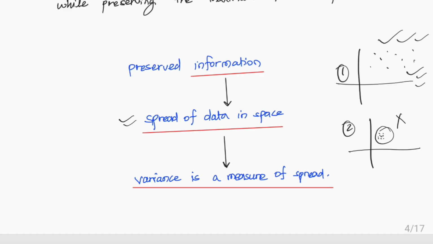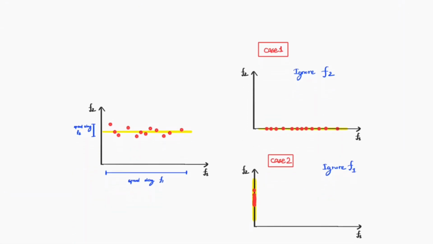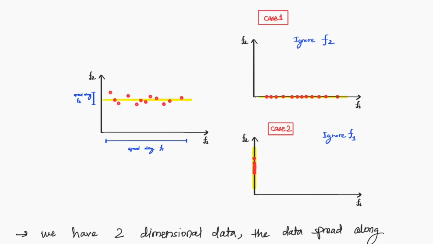So now let us move on to one example which shows how variance is determining the information content of the data. Let us say we have this given data with two dimensions. f1 and f2 are dimensions of this data, and you can see the data is spread more along the f1 dimension than f2.